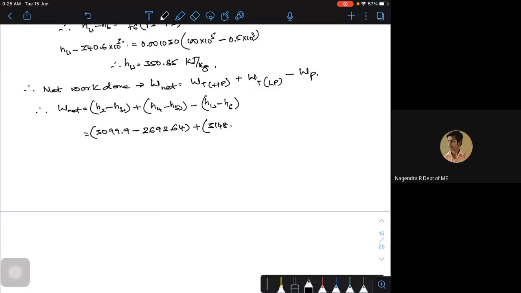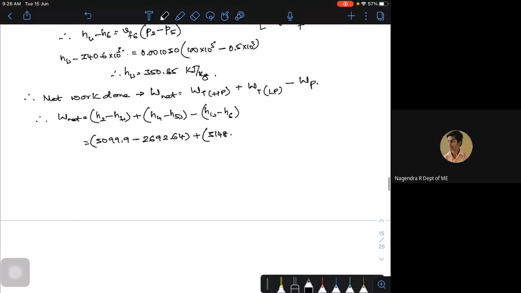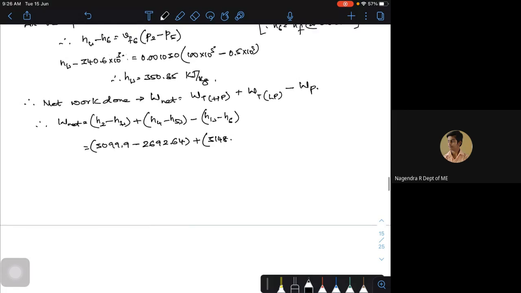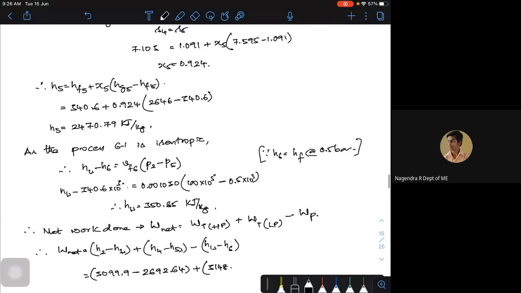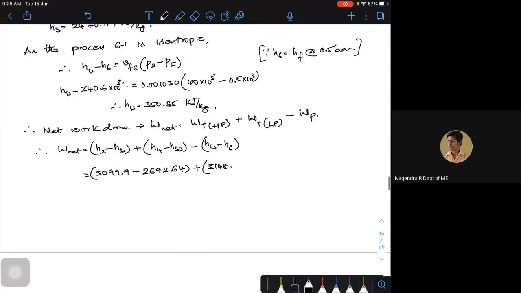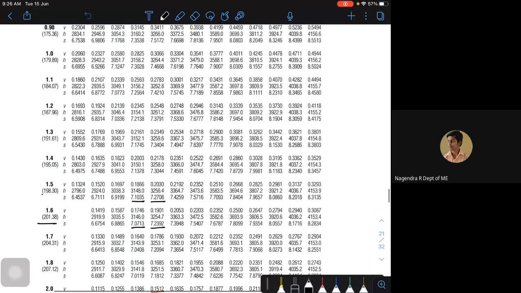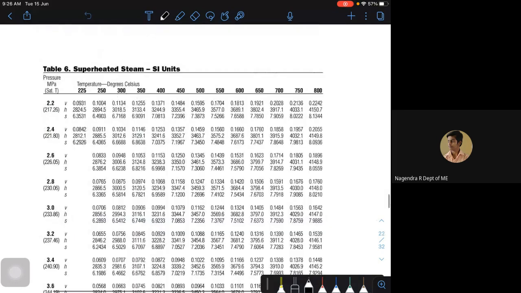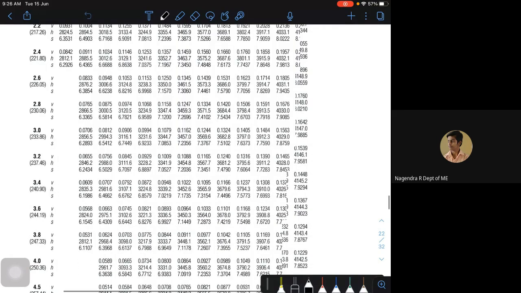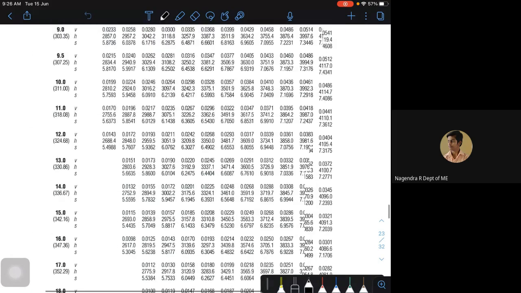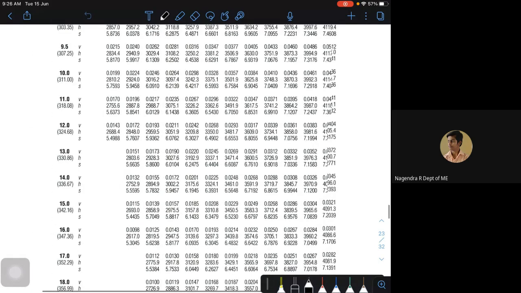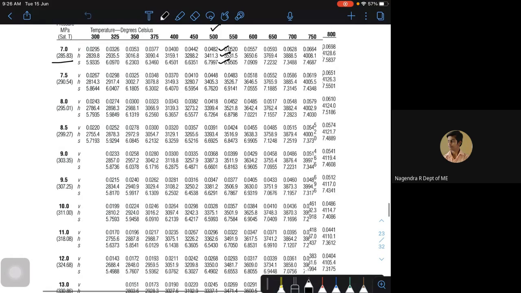Let me check whether the H2 number is right. Let's check the H2 value at 100 bar at 400 degrees Celsius. I think I made a mistake.